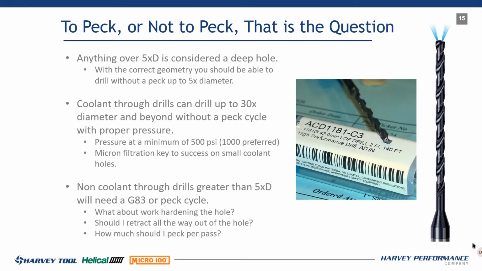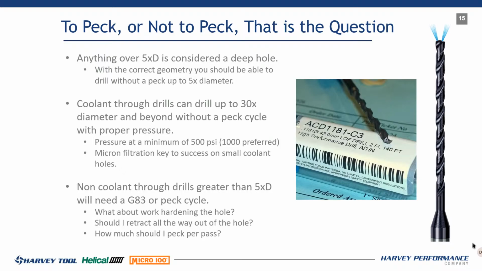Another thing that's very important to be mindful of when using coolant through drills is that micron filtration is key to success on the smaller coolant holes. As we get smaller, we make a coolant through drill down to 52 thou in diameter, and I know there are other drills that go even smaller.